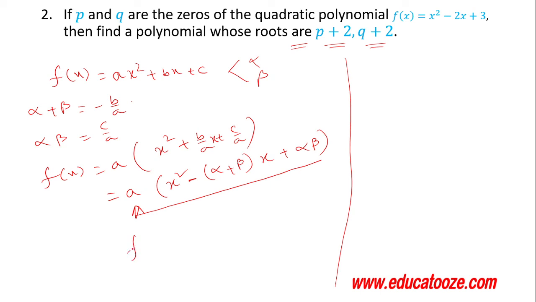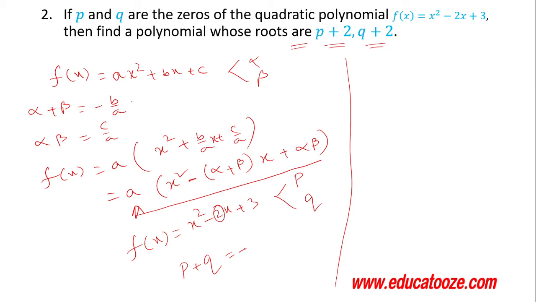Now let's see. Given polynomial f of x equal to x squared minus 2x plus 3, what are the zeros? Zeros are given as p and q. So what is p plus q? P plus q is minus of the coefficient of x.